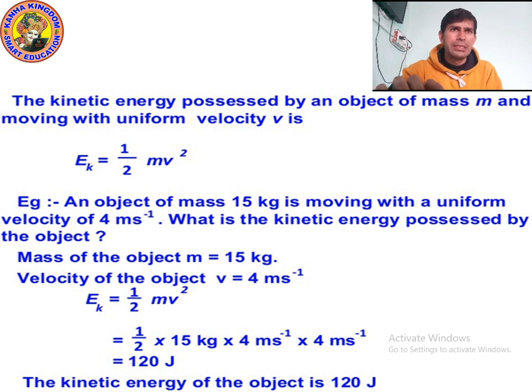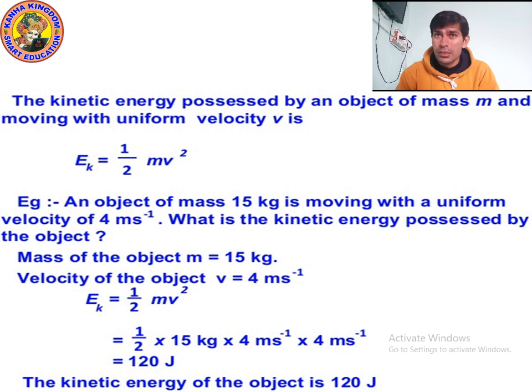So let's see the derivation related to kinetic energy. The kinetic energy possessed by an object of mass m and moving with uniform velocity v is Ek = 1/2 mv². What is the meaning? A moving object always has kinetic energy, and if it is moving faster, it has more.